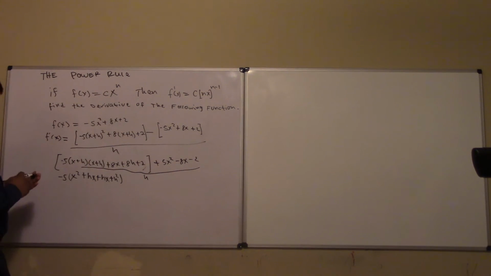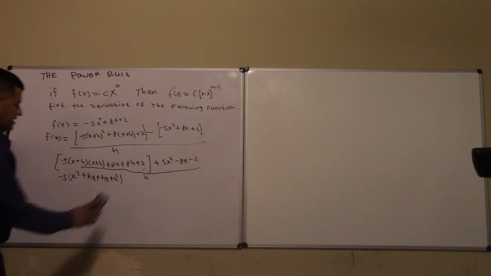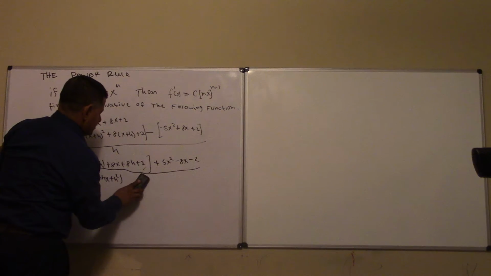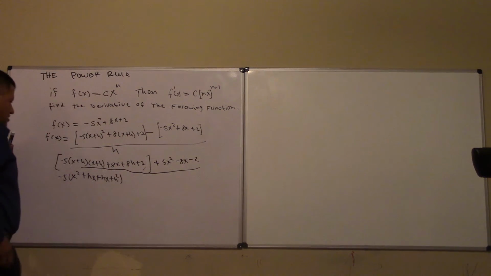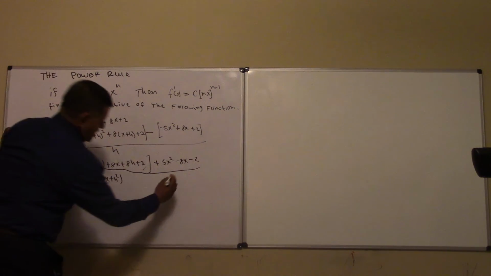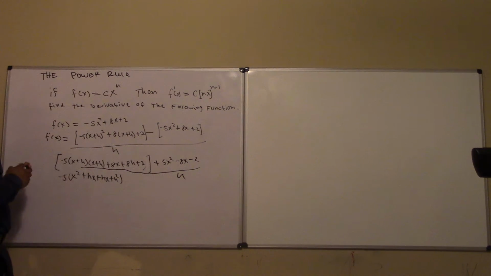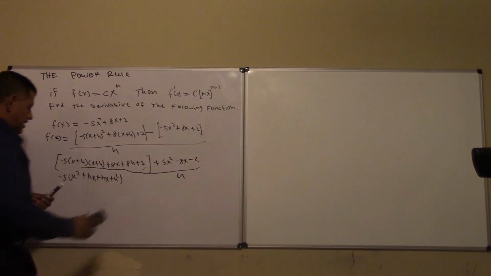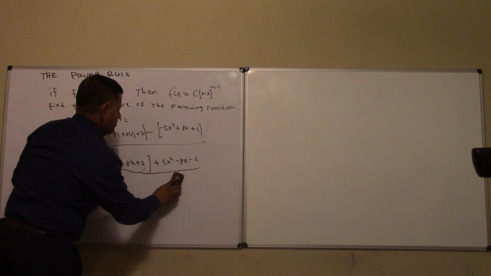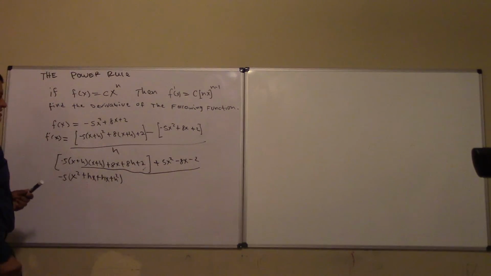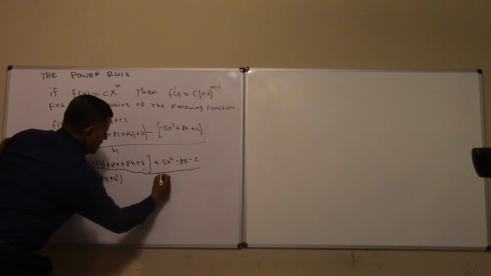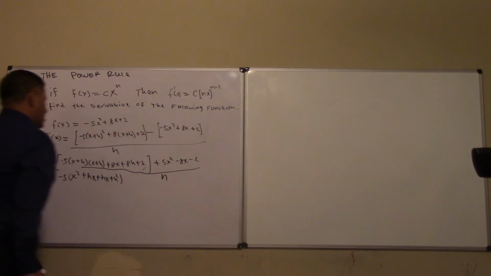So now, let me just move this h because I need some room here. This h can be anywhere here. It doesn't matter, right? Okay, so it's going to be kind of messy work. It's a lot. All right.